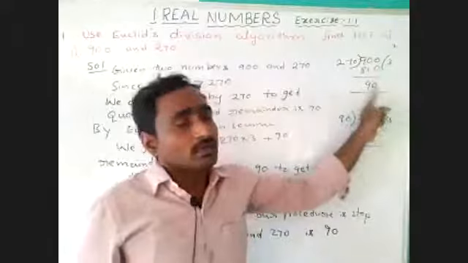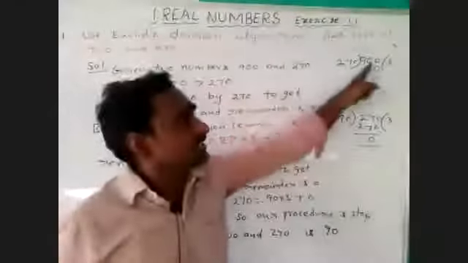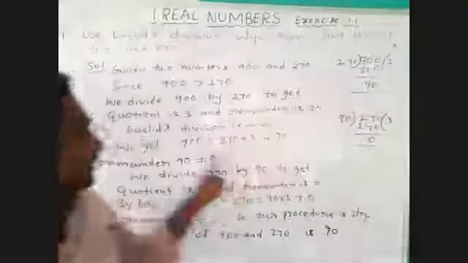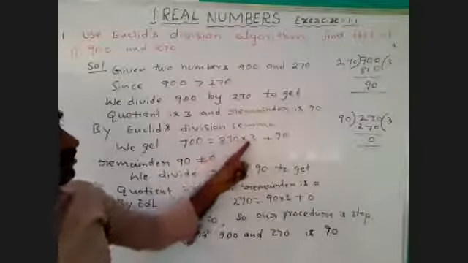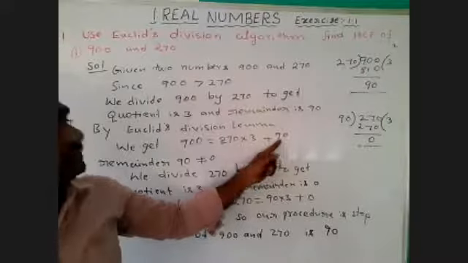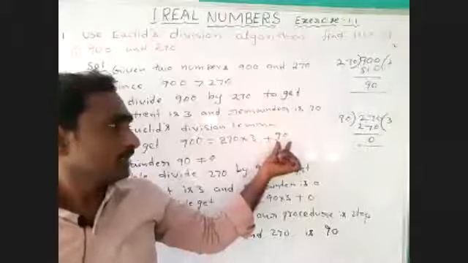By applying Euclid division lemma, dividend is equal to divisor into quotient plus remainder. 900 is equal to 270 into 3 plus 90. So here the remainder is not equal to 0.